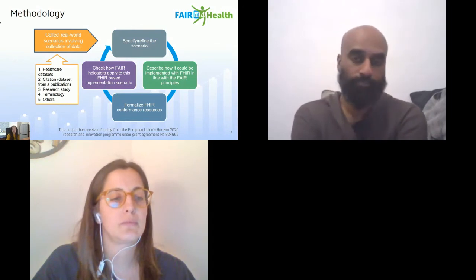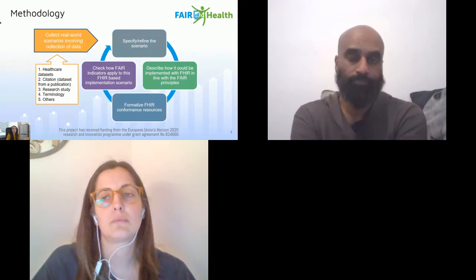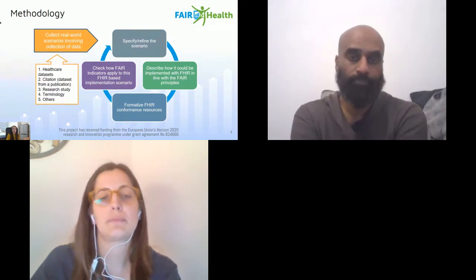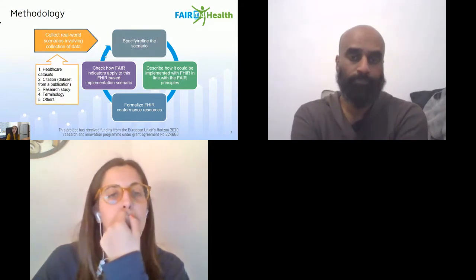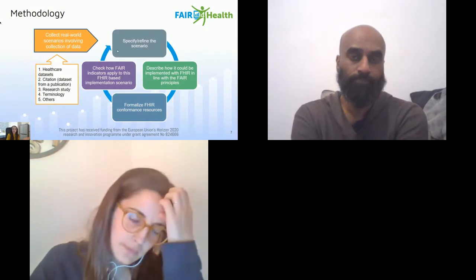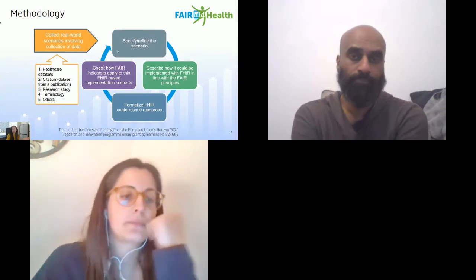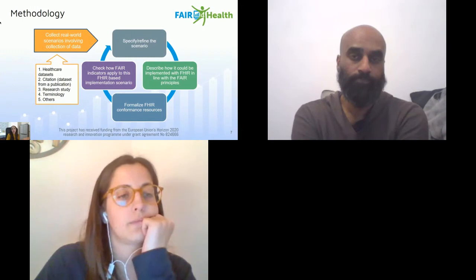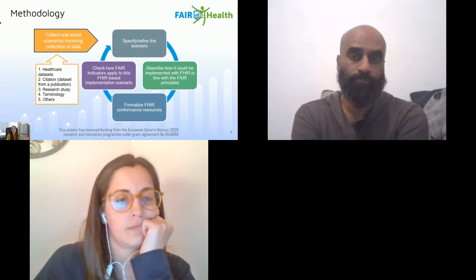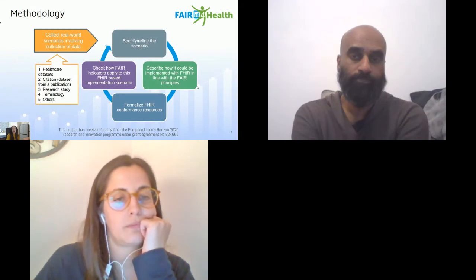The situation of the implementation guide is that we are in the fourth scenario. We are formally defining the different scenarios, and we have started describing the first step, how they could be implemented with FHIR and the FAIR principles.